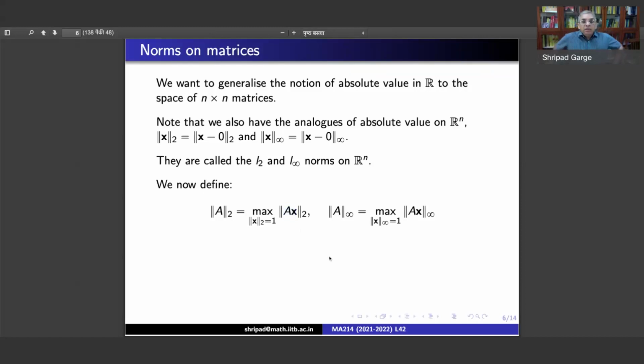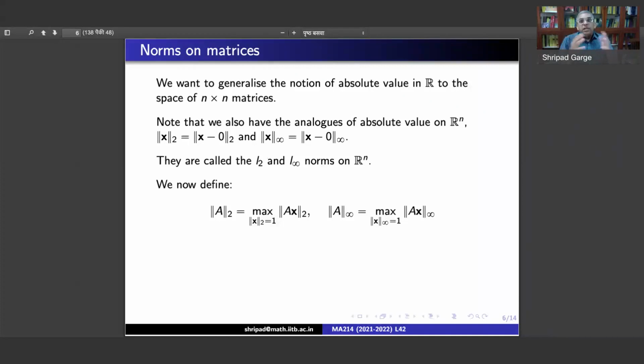You take all vectors x whose L2 norm is 1. Apply A to all these vectors. Then take the L2 norm of the resulting vectors. And among all these real values, you take the maximum value. That is defined to be the L2 norm of the matrix A. Similarly, the L infinity norm is defined. You take all vectors in Rn whose L infinity norm is 1.